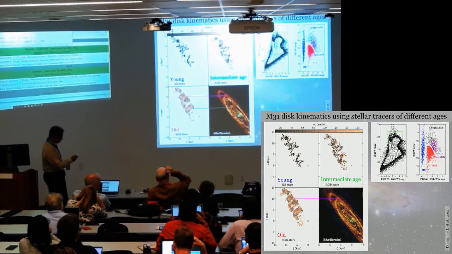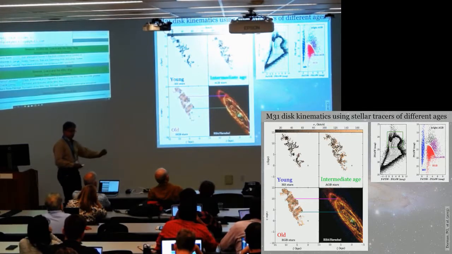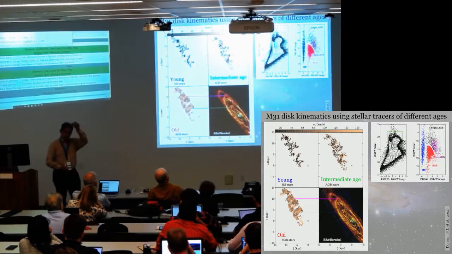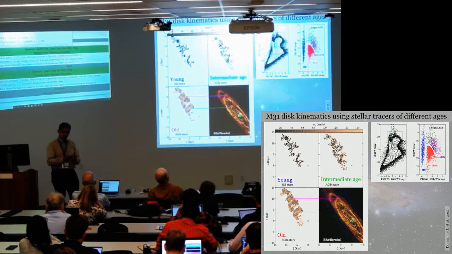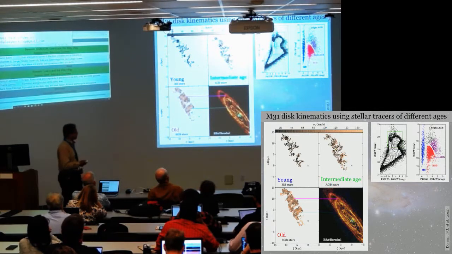And that green box has been zoomed into on the right panel. So these blue stars are the upper main sequence. And you're wondering, why is the main sequence vertical? It's because we're using B and I band photometry, and these stars are getting so hot that we're on the Rayleigh-Jeans side, so we're not seeing this variation in temperature translate into a variation in color. The stars are hot enough for that.